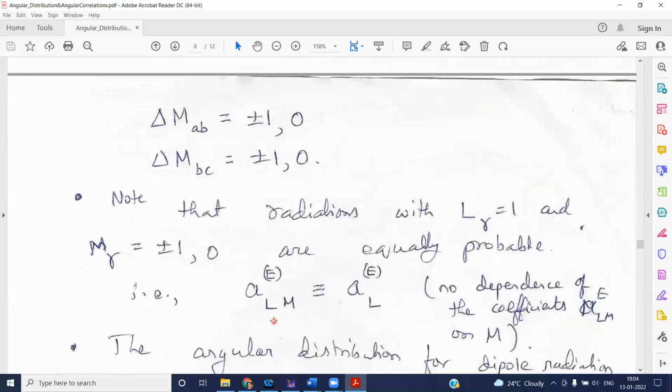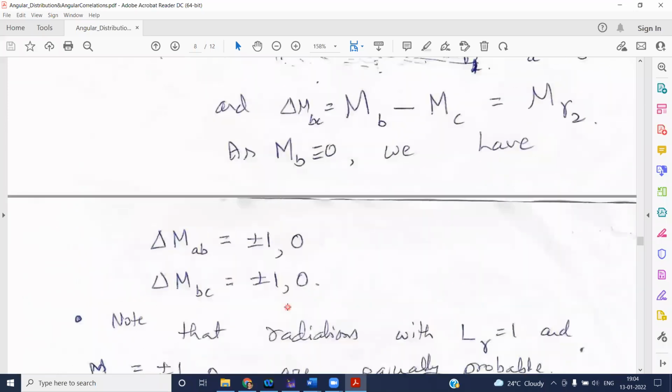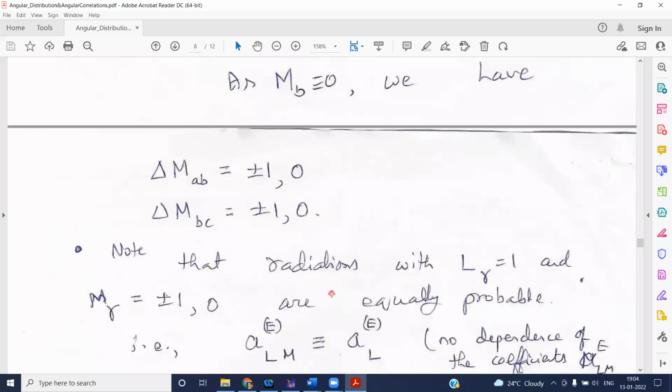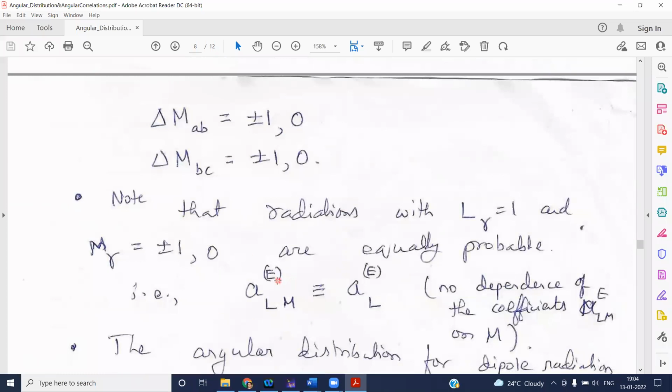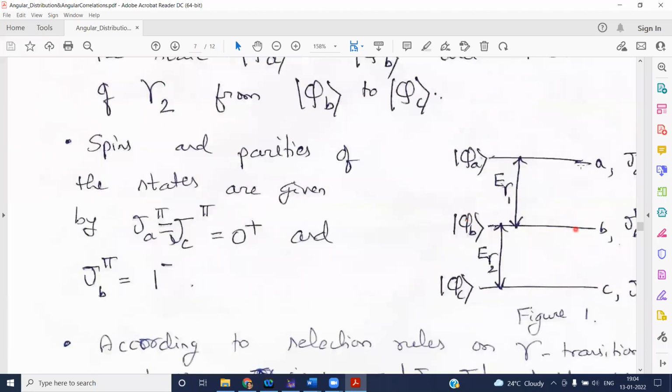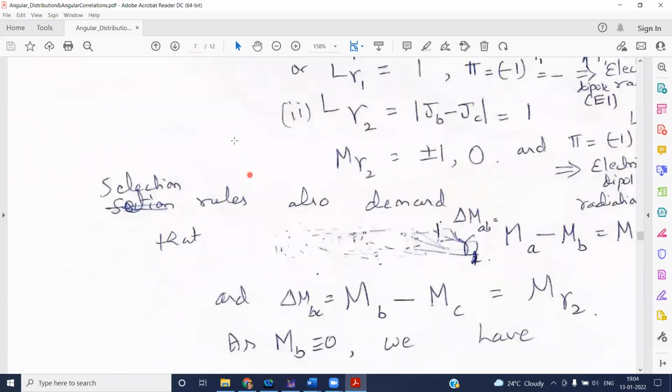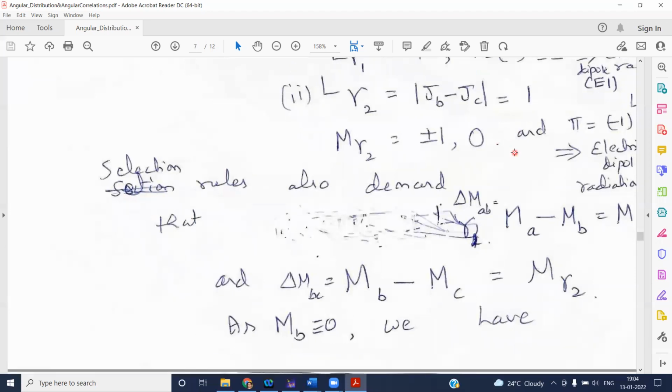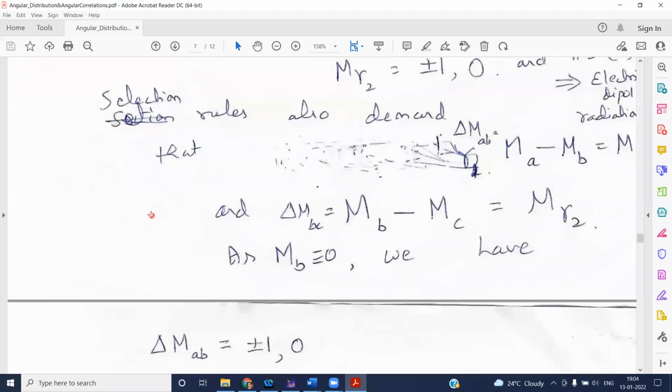So I obtain one thing: AELM is AEL, with no dependence on M. This is a mathematical point: M dependence is not there in AELM when I have an incoherent source. In the particular case I am considering, the cascade decay, the E gamma 1 radiation does not have any angular dependence. Similarly, if I look at only gamma 2, there is no angular dependence.